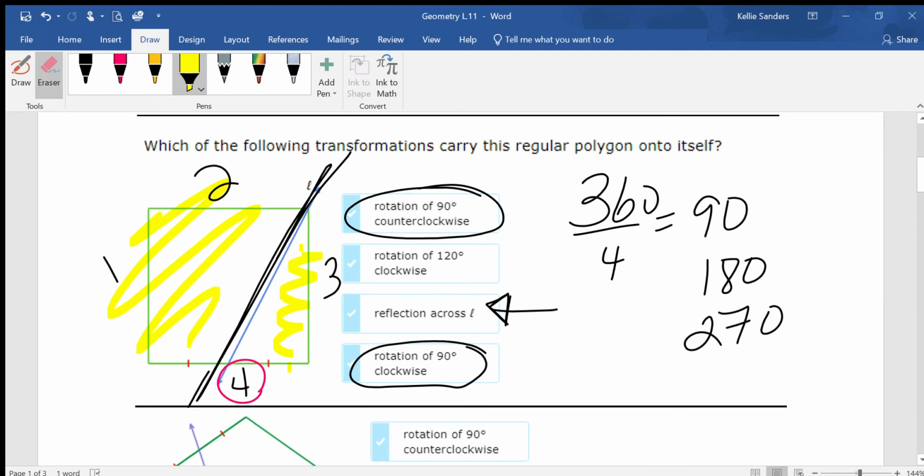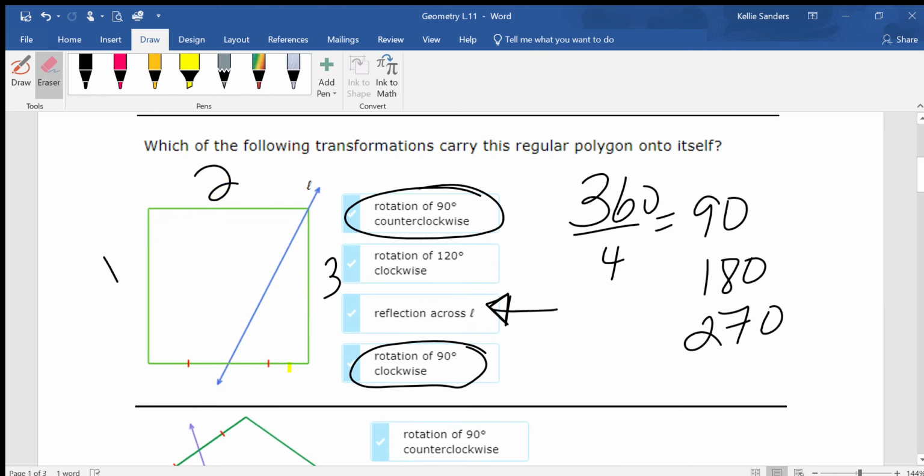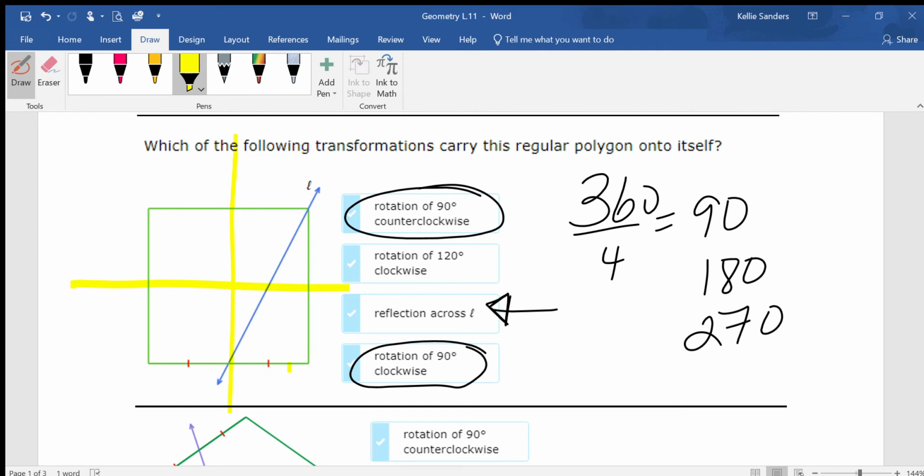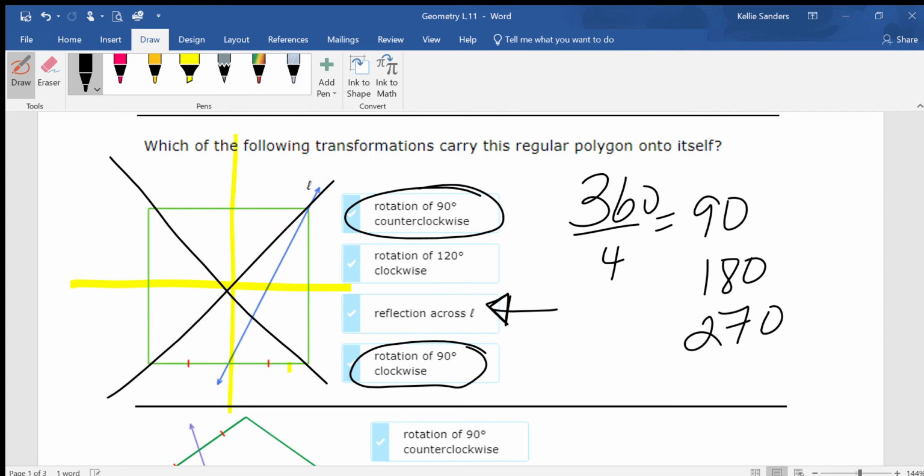So I'm going to erase all this real quick. So here, if it wanted to be symmetric, because it's even, I would either have to have a line of symmetry here, a line of symmetry here, or a line of symmetry through both vertices. That's when it's even. Now when it's odd, I'll explain that in just a little bit.